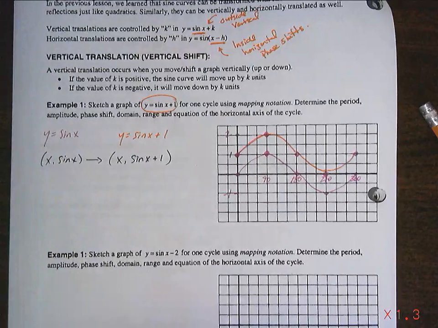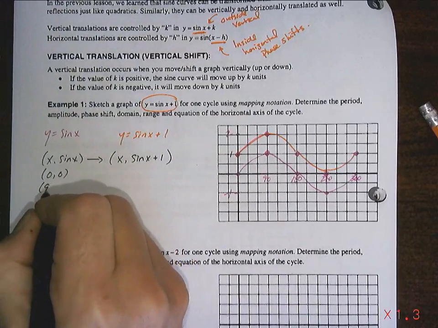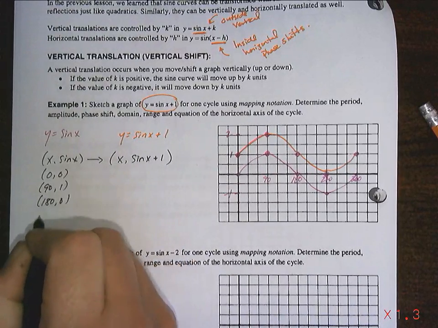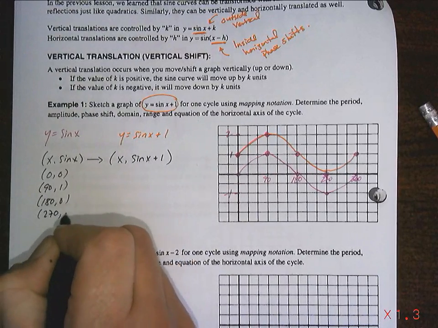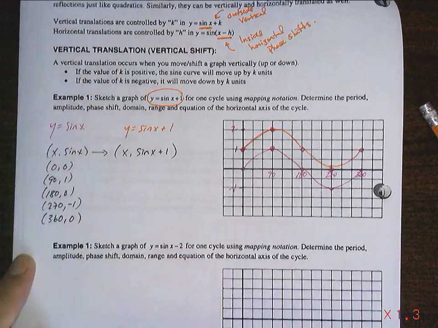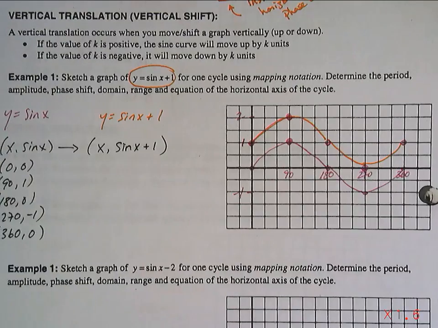Now, you guys are understanding how mapping notation works, right? You take the critical points that are on the sine curve, those never change. And if you don't know them by now, you better sit down and memorize them. Those never change. Hold on, I'll make it bigger. I got people squinting at the back.